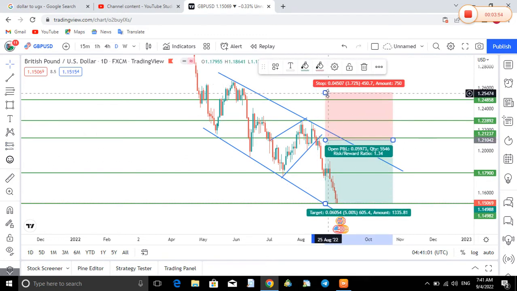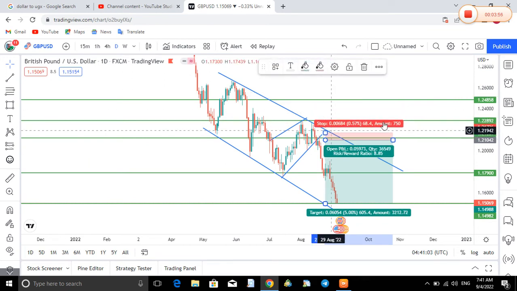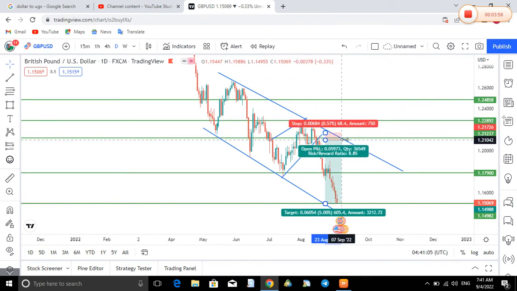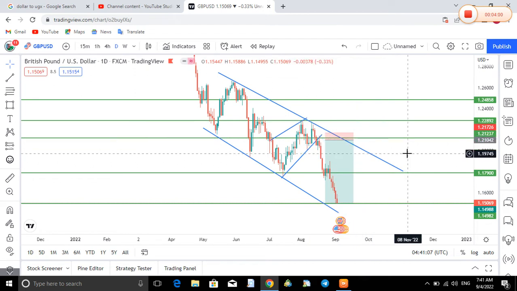I don't know whether we are together. So for those who were swinging this trade, I think you have made a couple of pips, because this pair was selling for like 2 weeks, if I'm to remember well.